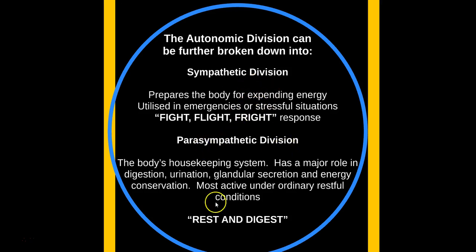Whereas the parasympathetic division is your housekeeping system, known as the rest and digest. So make sure you know rest and digest is parasympathetic, sympathetic is fight, fright, or flight. One non-PC way of remembering parasympathetic division is paralyzed. If you're paralyzed, you can basically rest and digest. There's nothing else you can really do.